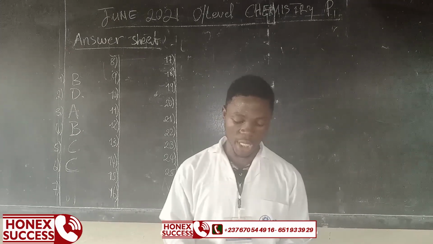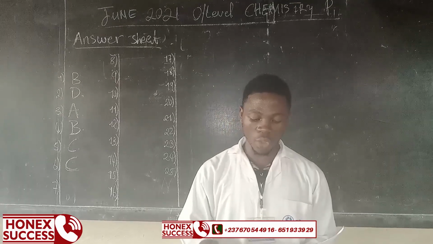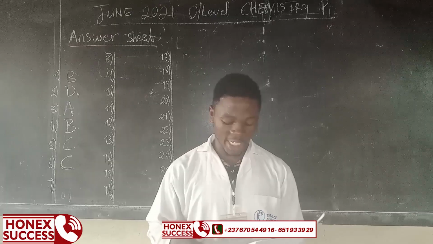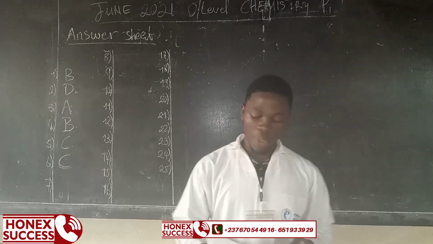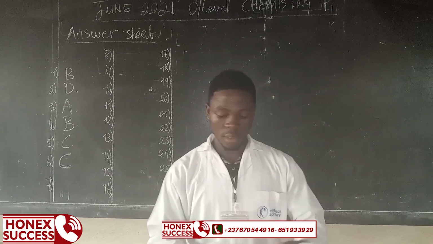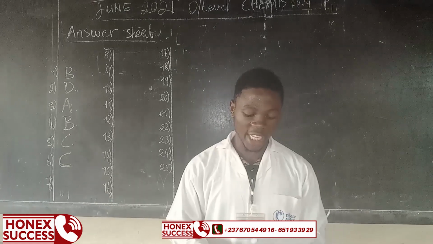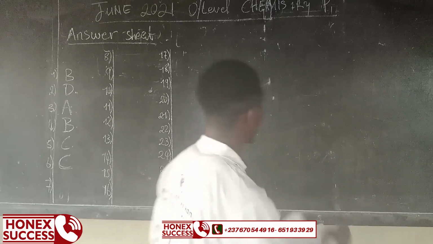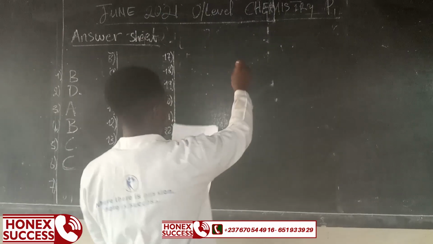I read the question again. Which of the following anions will form a precipitate with barium chloride in an acid medium? We discover that both C and A will form precipitates with barium. Let me write down the ions so that you see them.